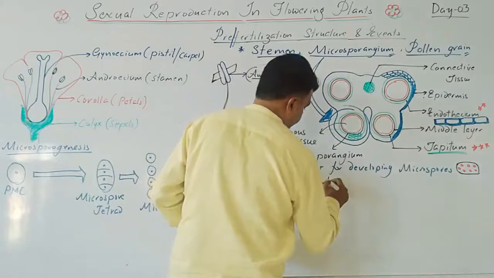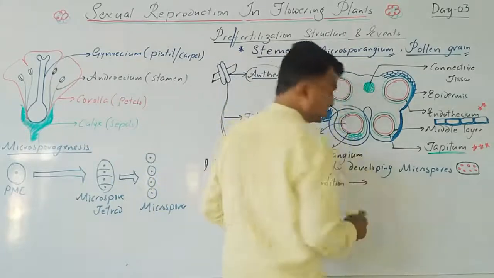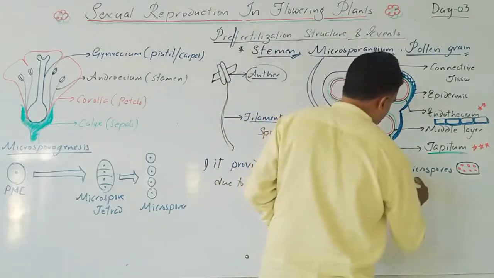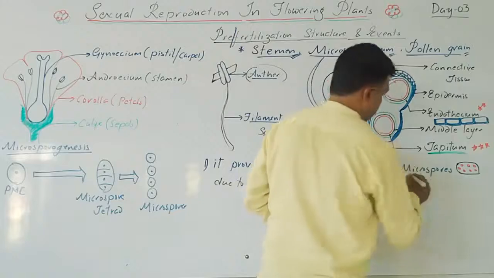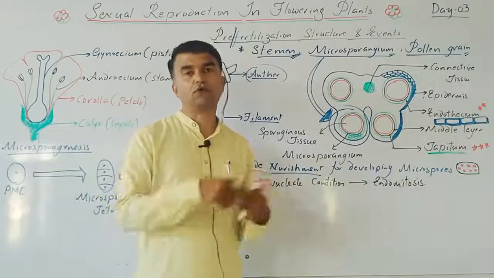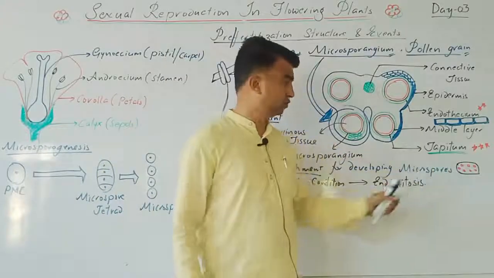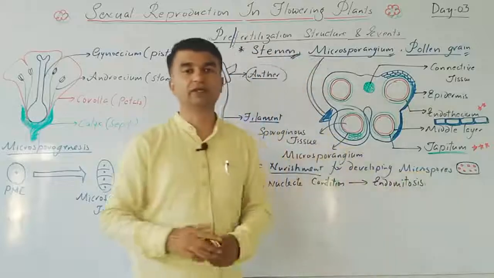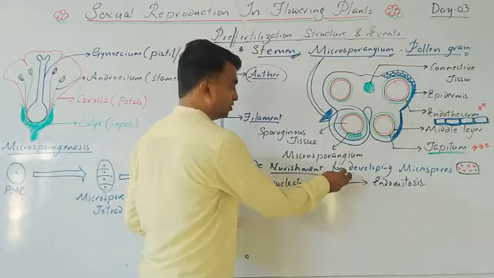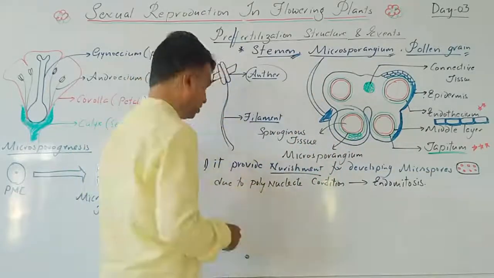This polynucleate condition happens due to endomitosis. Endomitosis means karyokinesis occurs but is not followed by cytokinesis. That is why a single cell contains more than one nucleus. If more than one nucleus is present, they express in an exaggerated manner, and this is helpful for providing nourishment for the developing microspores. So this is the main point.